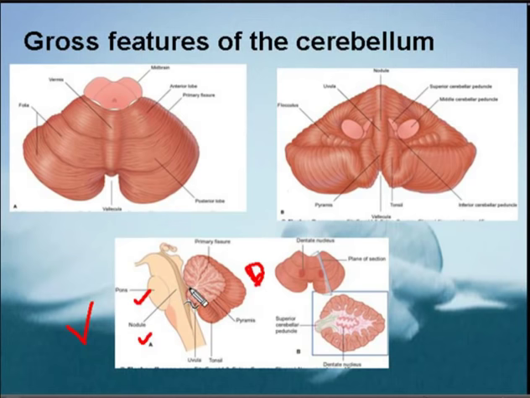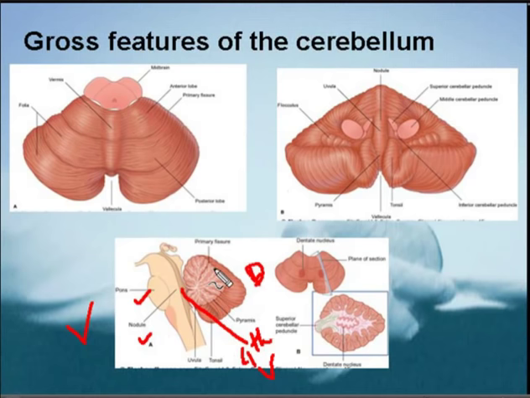It forms the roof of the fourth ventricle. So this part here is the fourth ventricle. So it forms the roof of the fourth ventricle. So it's lying posterior to both the pons and the medulla, and as it forms the roof of the fourth ventricle, it lies posterior to the fourth ventricle too.